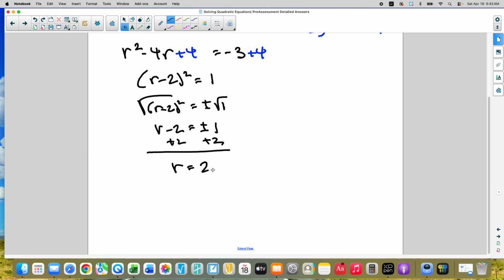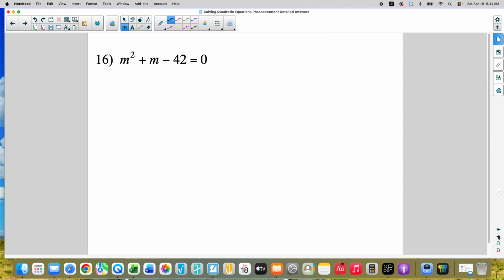R equals 2 plus or minus 1. 2 plus 1, 2 minus 1: 3 and 1. Numerical order is 1, 3. So we're noticing that even though they get complex, it should be taking you 60 seconds. It really does. If you've done enough of these, you get the routine of it.